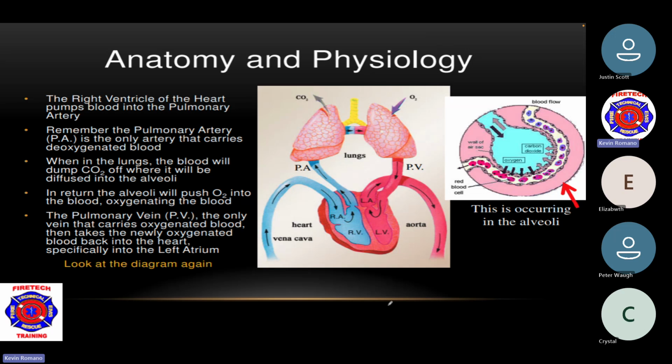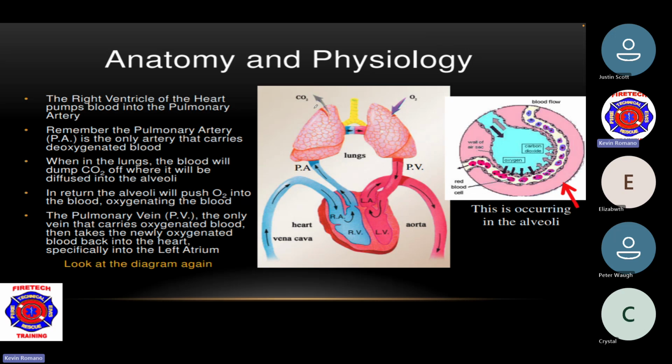The pulmonary vein, the only vein that carries oxygenated blood, then takes the newly oxygenated blood back to the heart, specifically into the left atrium. If you look at the diagram again, you can see where things are going. Remember that all that diffusion, all that gas exchange, is happening at the alveolar level, and then the rest of it just pushes it all through, right?